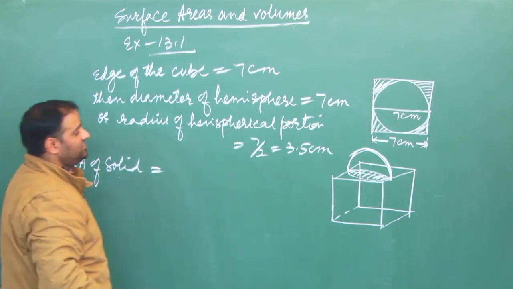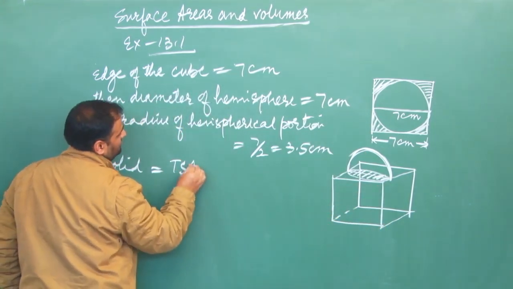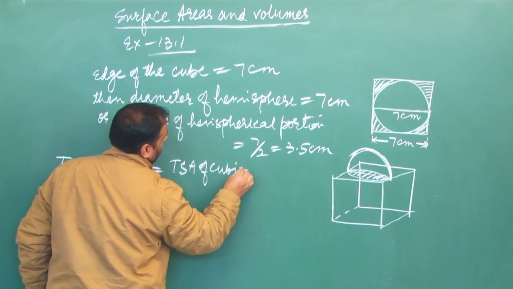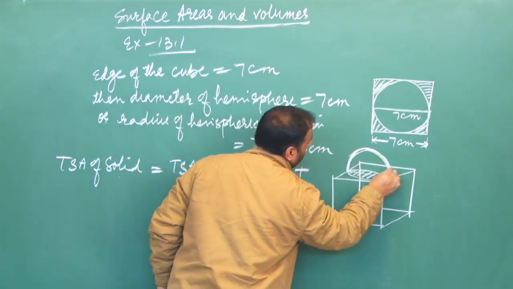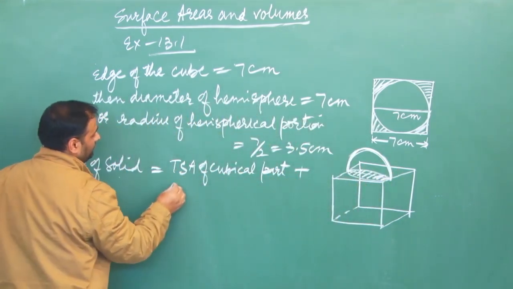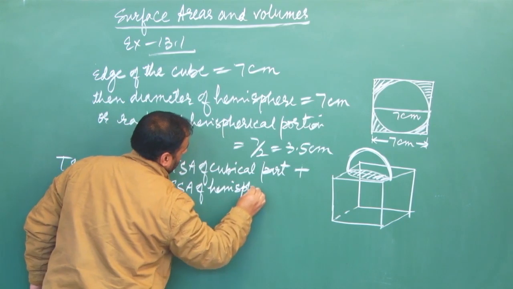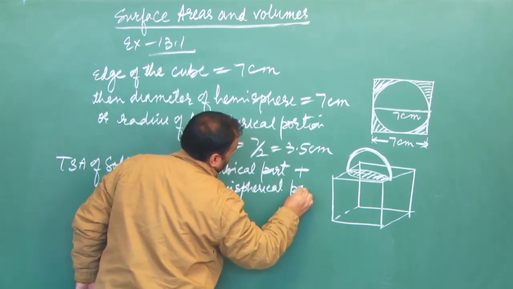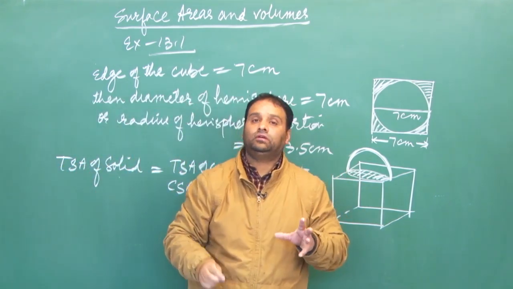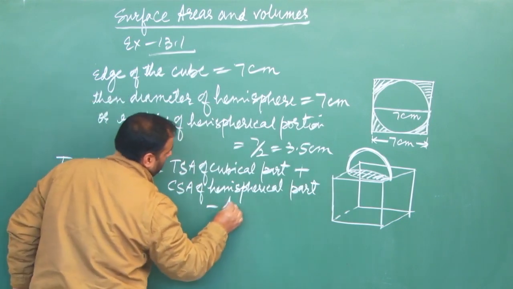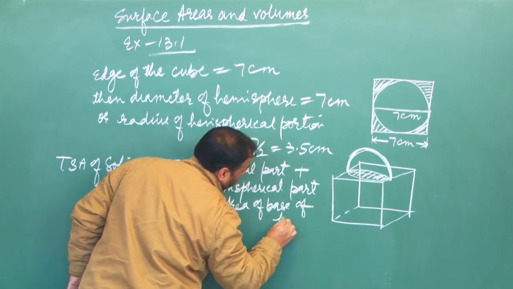So you can write, first consider only the cubical part with its total surface area. Add the curved surface area of the hemispherical part. And we need to subtract the base that comes under the hemispherical part, the area of the base of the hemisphere, because it is circular in nature.